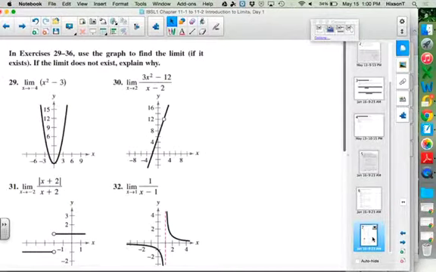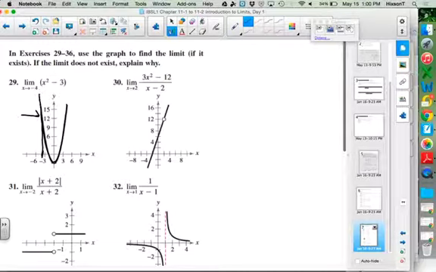Now let's look at the ones with the graph. Some of these are pretty easy. Okay. You'll notice because this graph is continuous here, as x approaches -4, we're going to approach from the left, it's coming down and it's approaching a particular value.